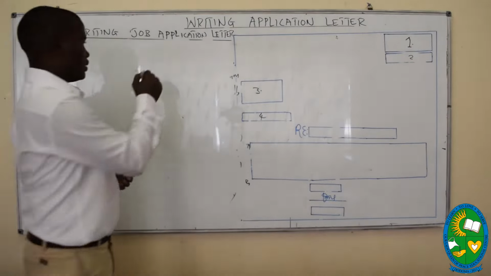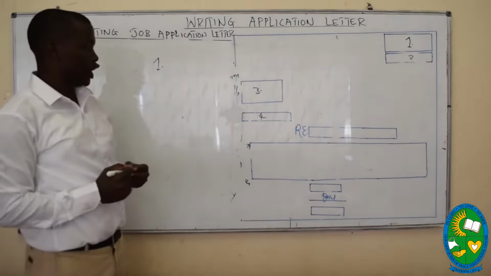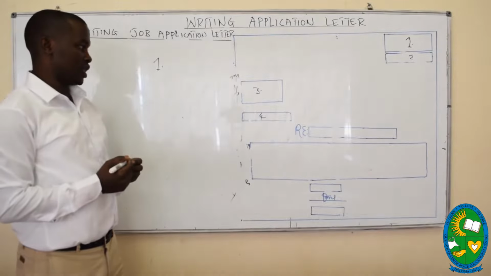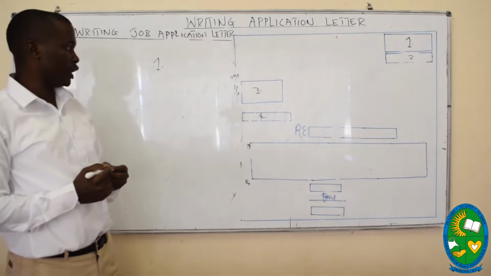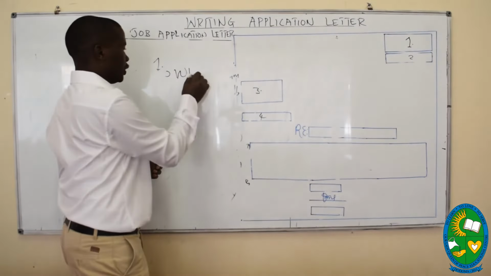The first paragraph should consist of 2 main pieces of information. Number 1, where you got the information.